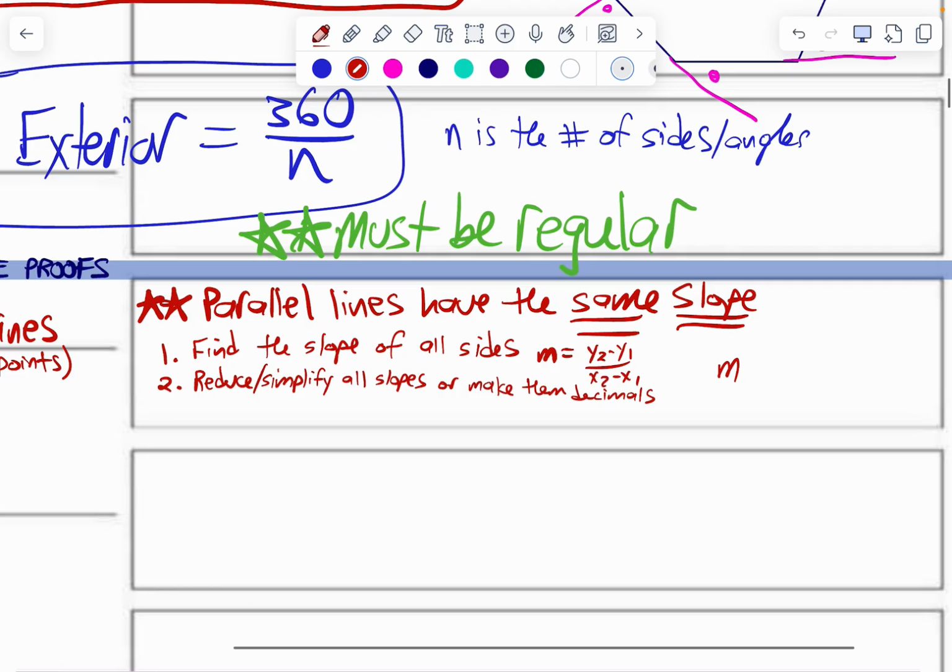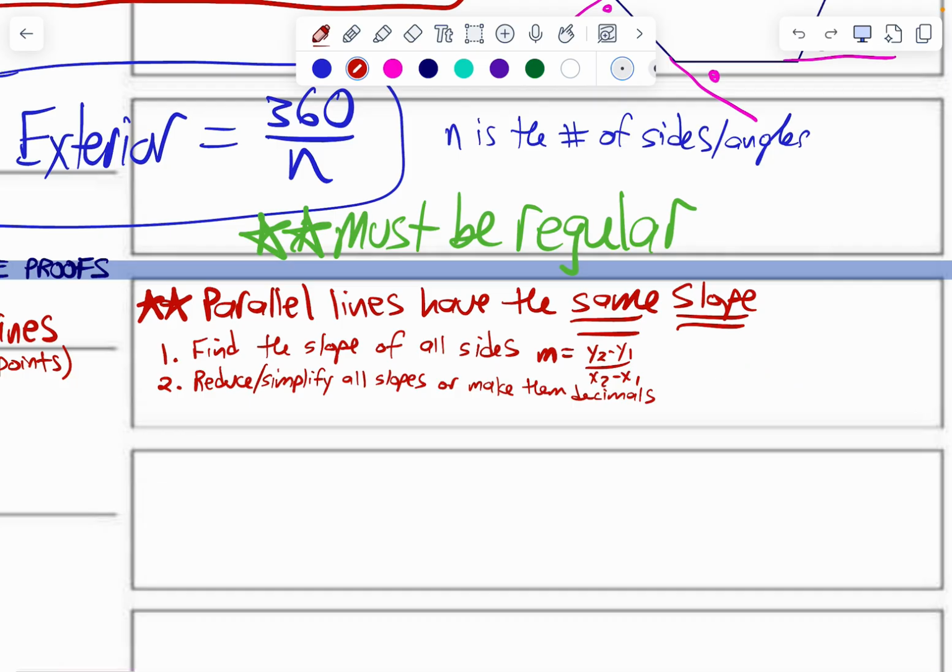Real quick, don't write this. What if I had like 7/13? How would you make that a decimal so you can see if it's the same as another one? Yeah, 7 divided by 13. Just divide top by bottom.